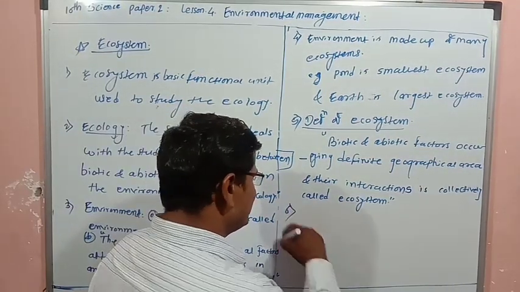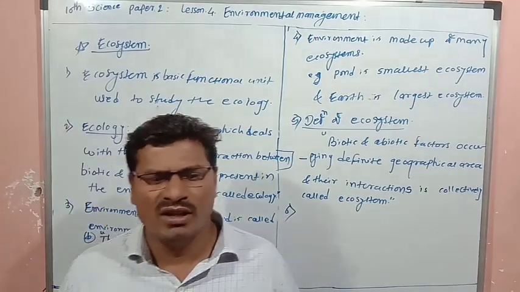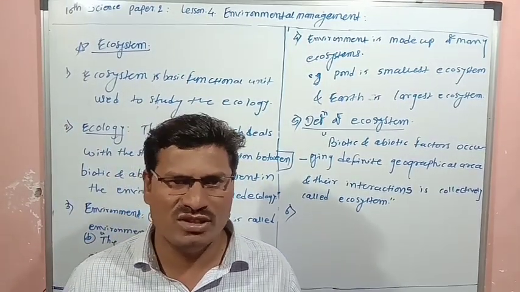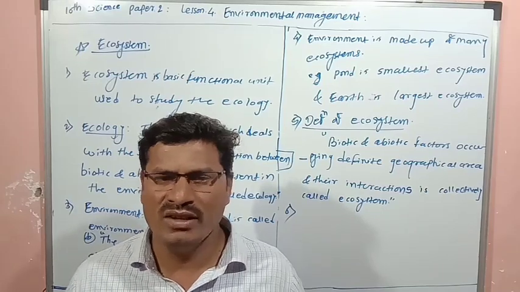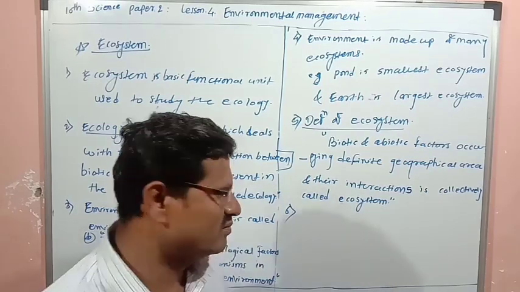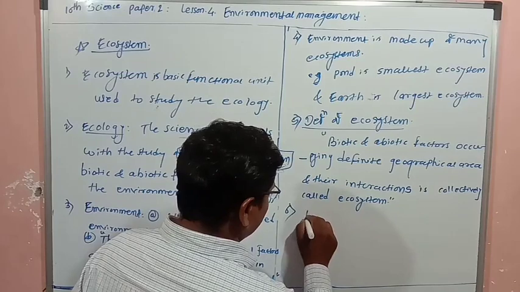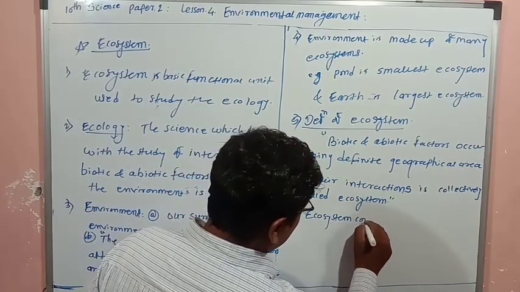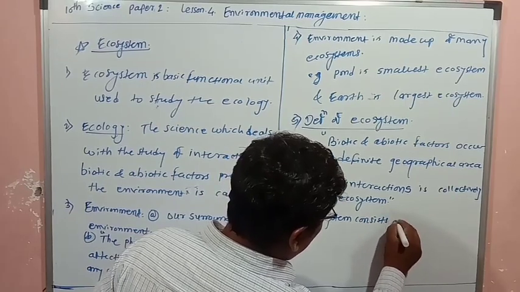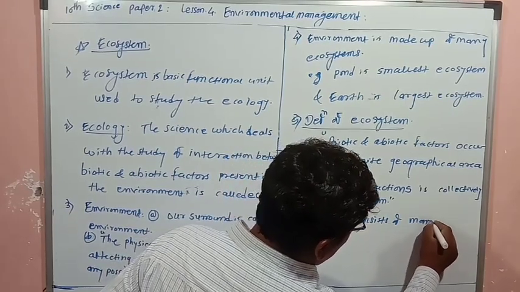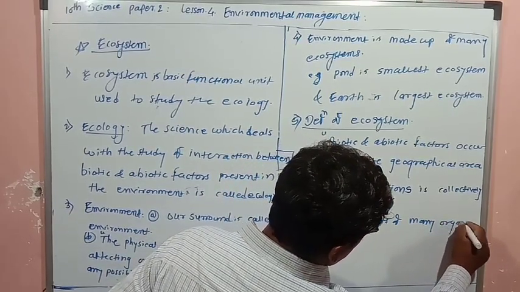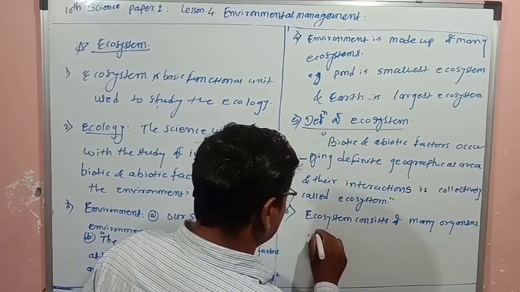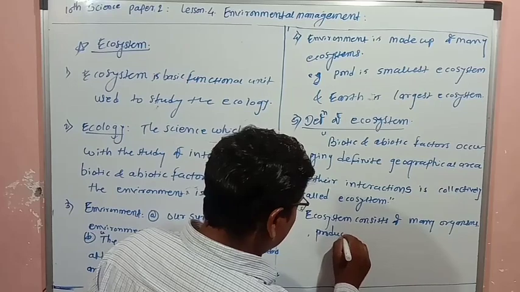In that again, the sixth point is there. In that sixth point, an ecosystem consists of many food chains. An ecosystem consists of many organisms, and in that, producers are there.